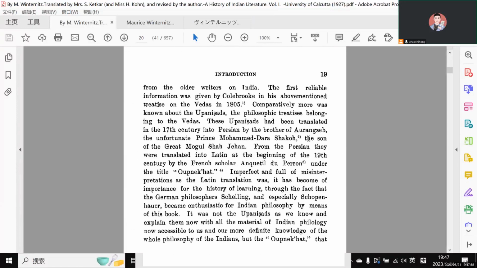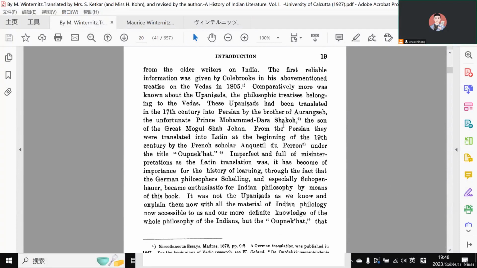Actually, Winternitz is just telling us how brilliant and how long the research on Indology, on Buddhism, on Sanskrit, and on comparative linguistics was in Germany in the 19th and 20th century. A very brilliant and memorable period.